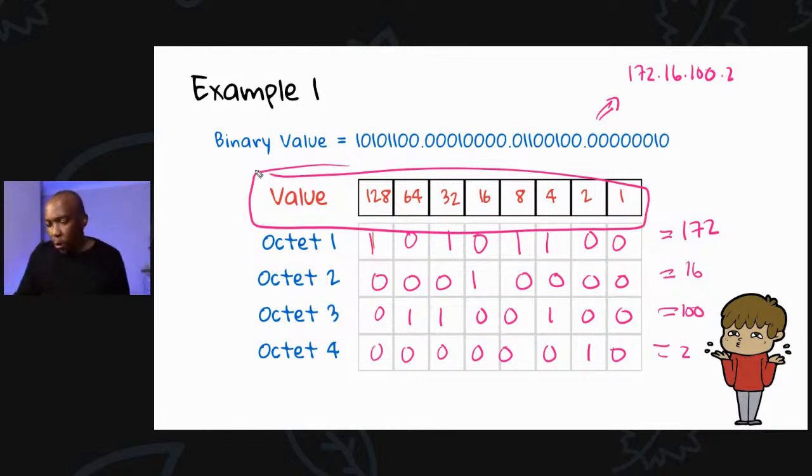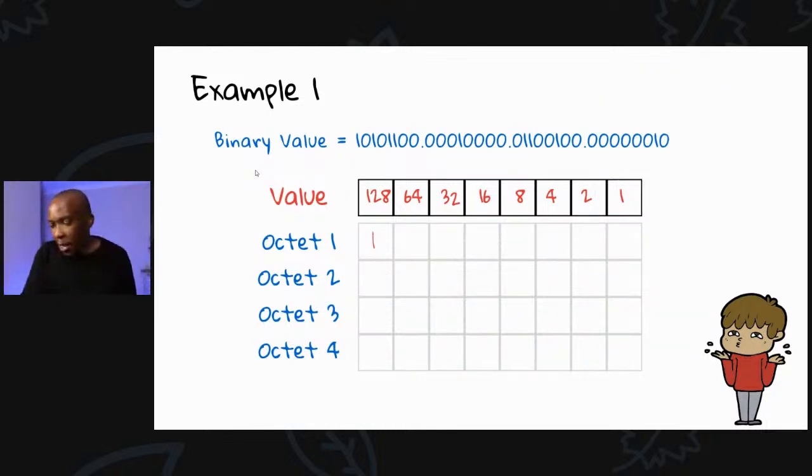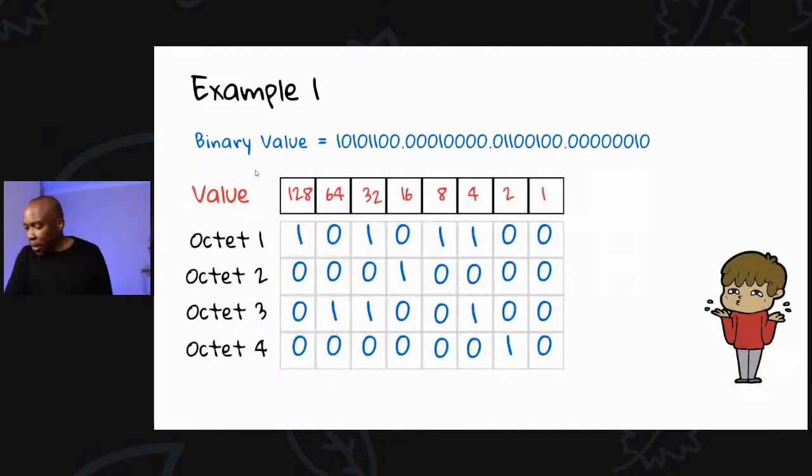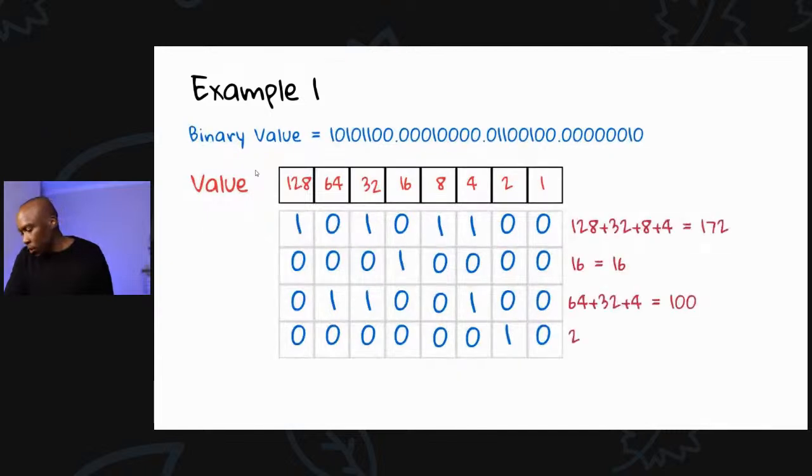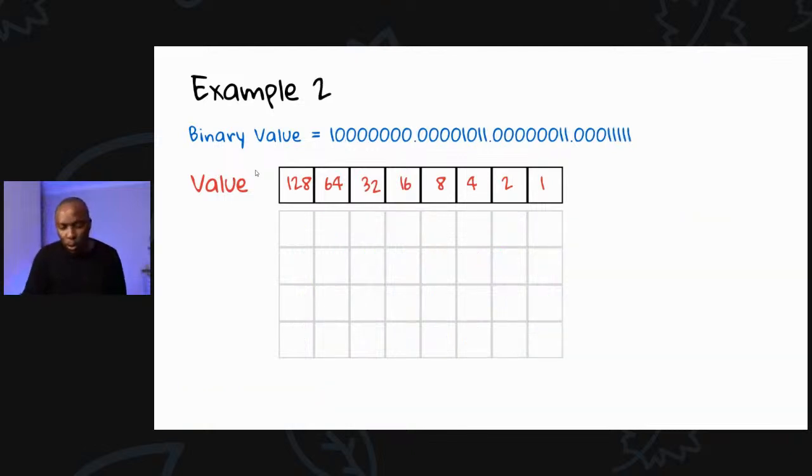So let us confirm to see if our answer was correct. And our example is 172.16.100.2. So that is the IP address. Let us do another example. Now, I'm probably going to give maybe 45 seconds. The key, guys, is practice.